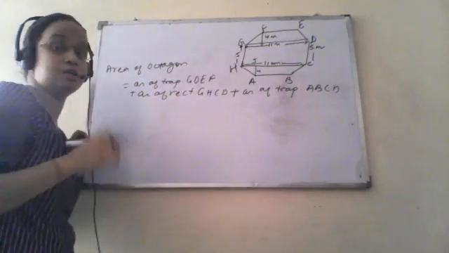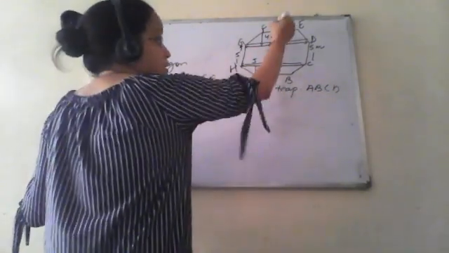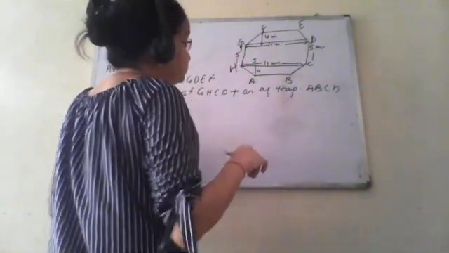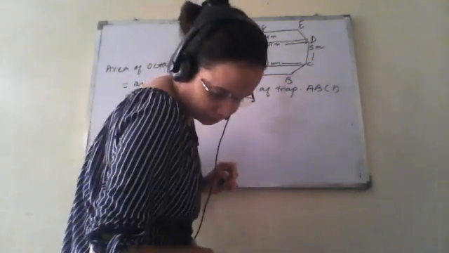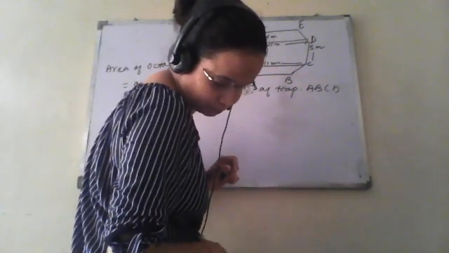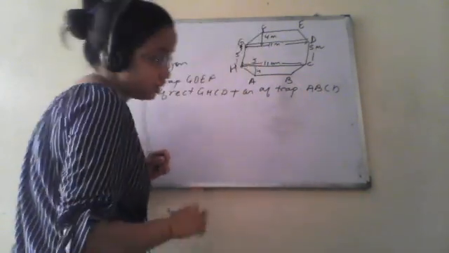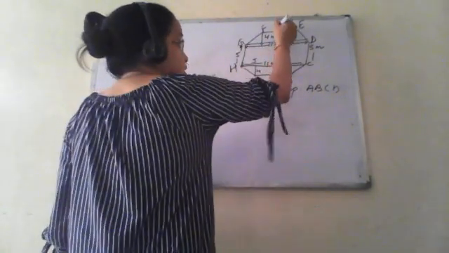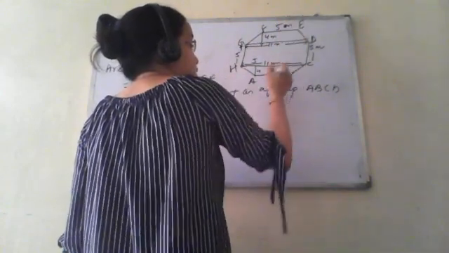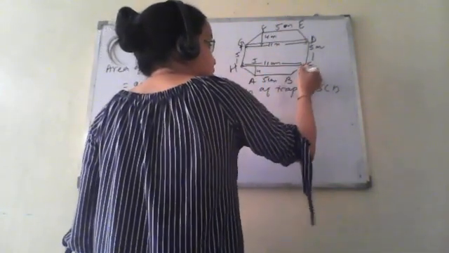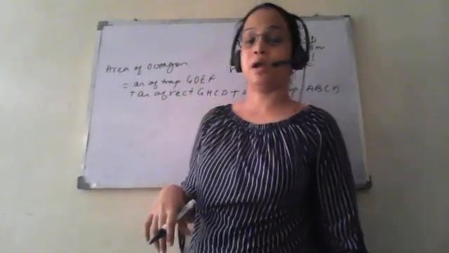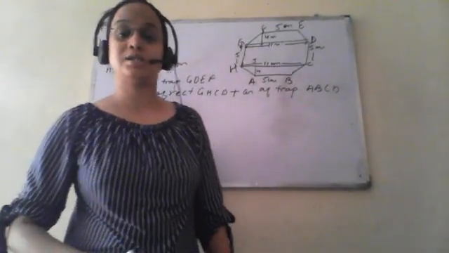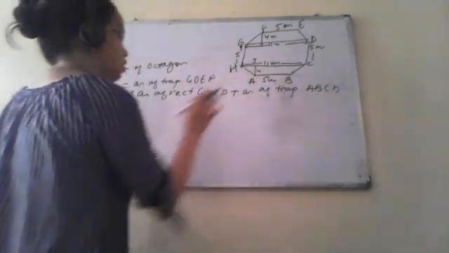Because this is a regular octagon, each side will be 5 meter. A regular polygon is equiangular and equilateral, each angle and each side is equal, so this will also be 5.